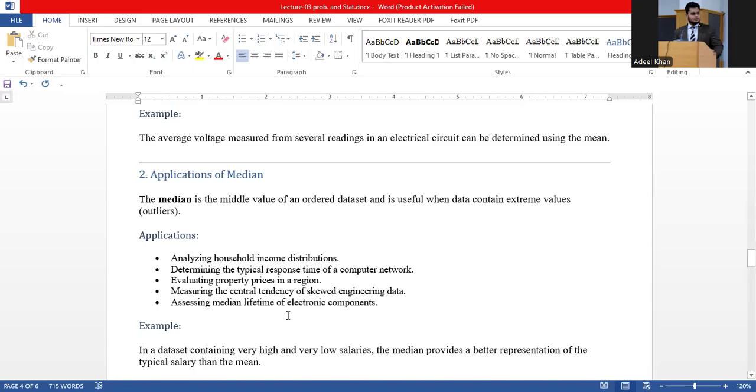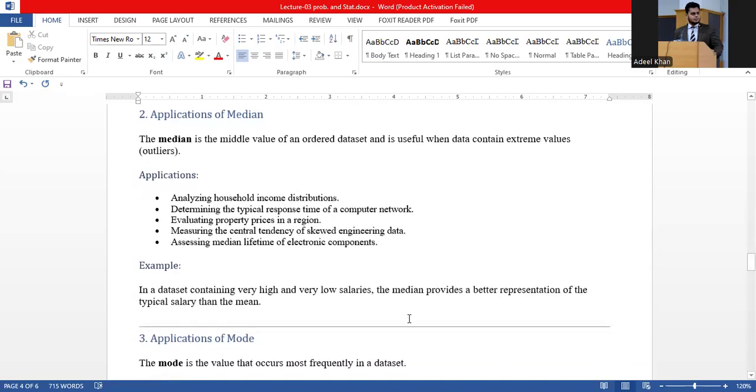So electronic devices have this kind of difficulty as well. Further, for example, in a data set containing very high and very low salaries, the median provides a better representation of the typical salary than the mean.